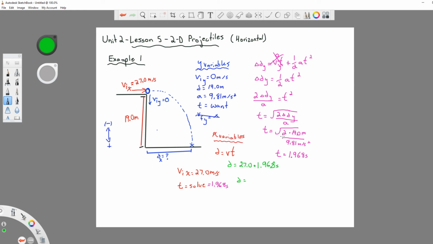To me, this worked out to 53.1 meters. And that is our final answer. 53.1 meters, as if this thing is falling and flying across simultaneously. It will travel that far at a constant rate before colliding with the ground.